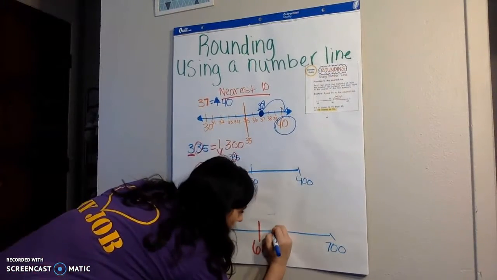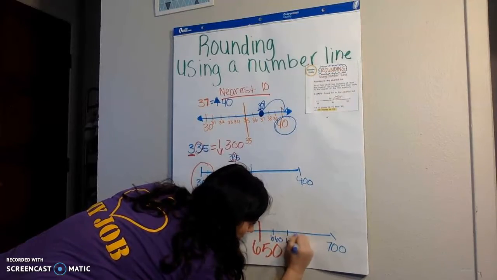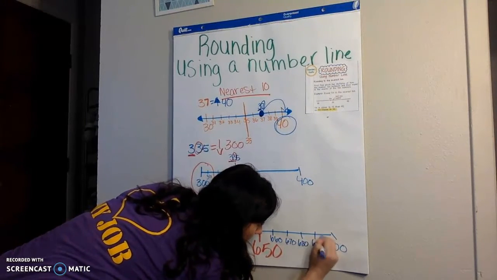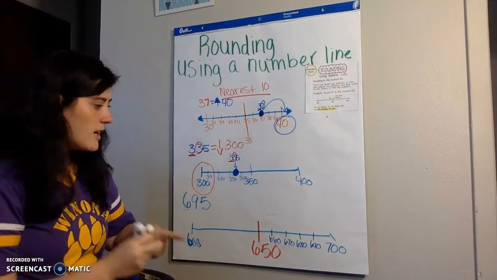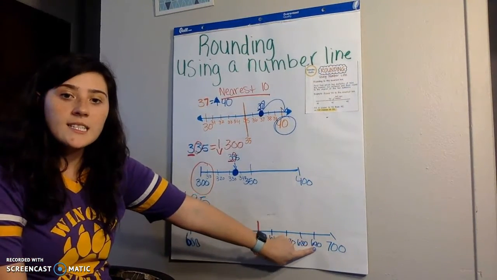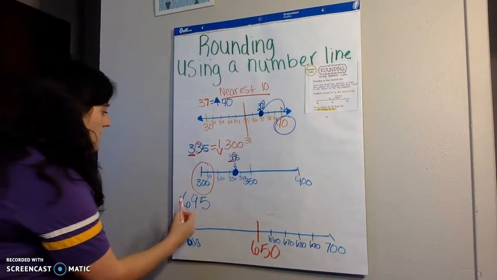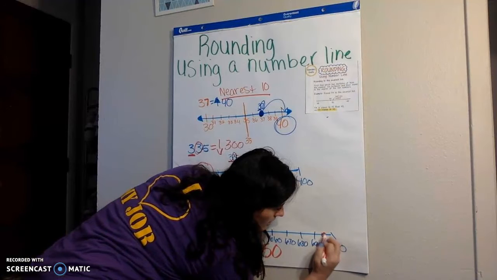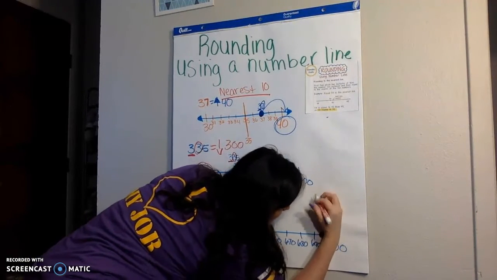So 650 goes to 660, then 670, 680, 690, and then 700. So right there, it just gave me my answer. 690 is right here, so that means I'm going to label 695 right here.